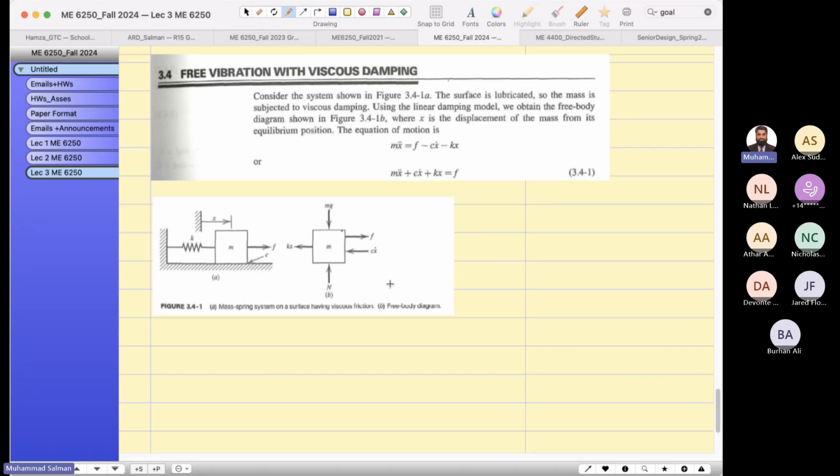As you can see from the free body diagram, this is Newton's second law. The damper force is due to friction in the contact surface that can be assumed as a damping coefficient, and you know that the damping force is c times velocity, or x dot.